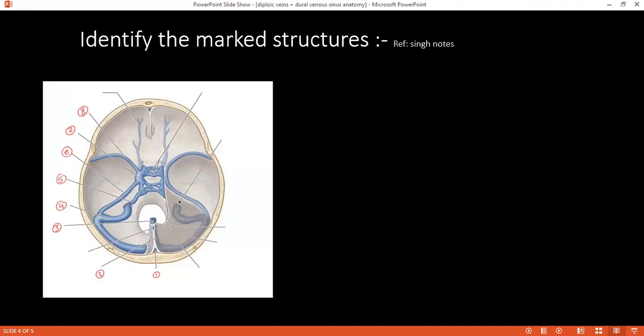One last question. What could be the mechanism of papilledema? Papilledema occurs because the optic nerve has a meningeal covering along its course to the eye. So when the CSF pressure increases, there will be compression and stasis.